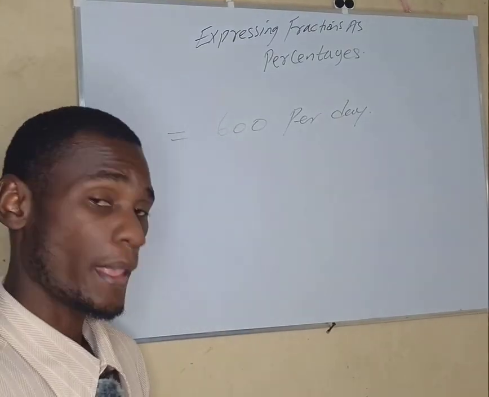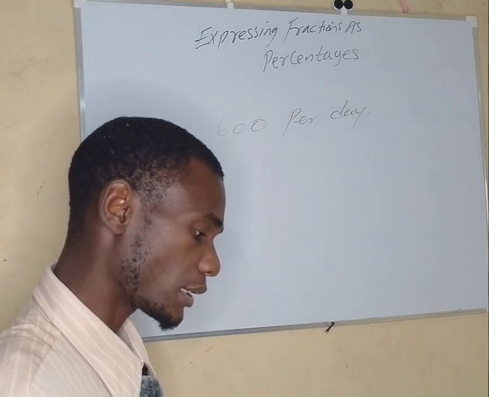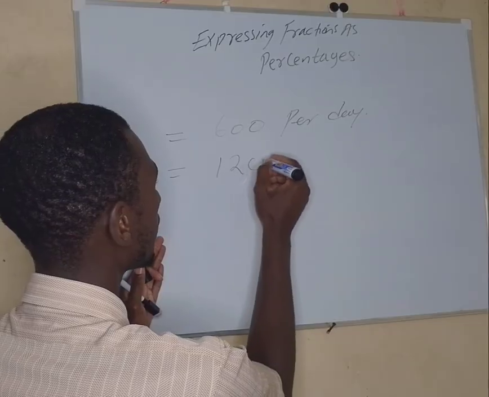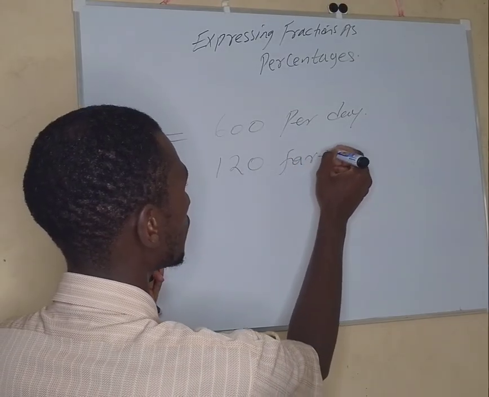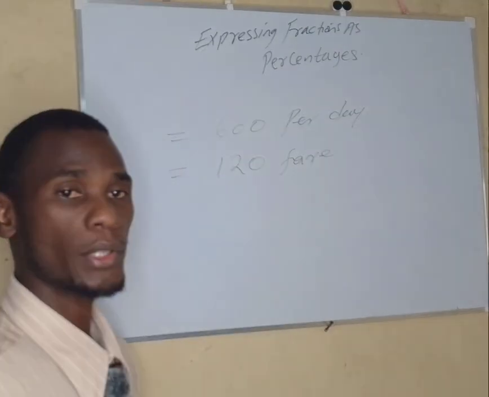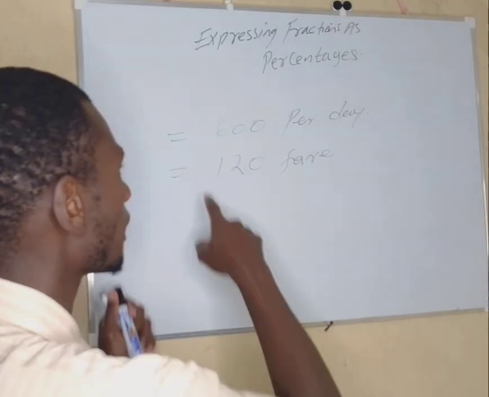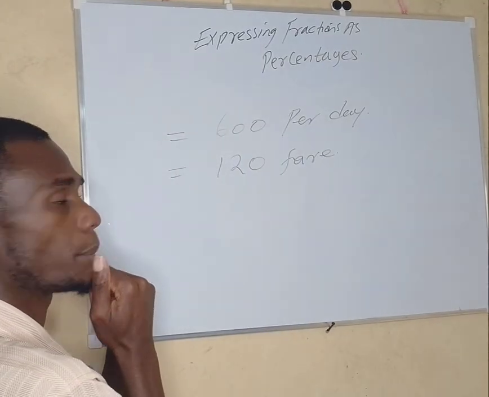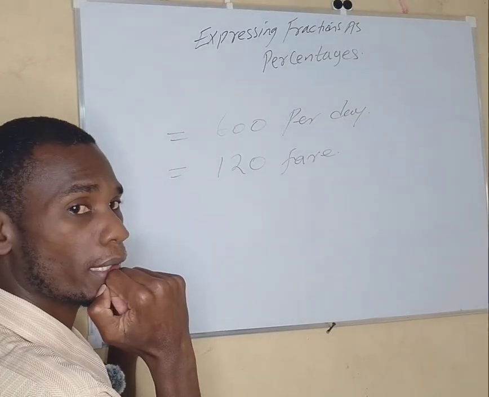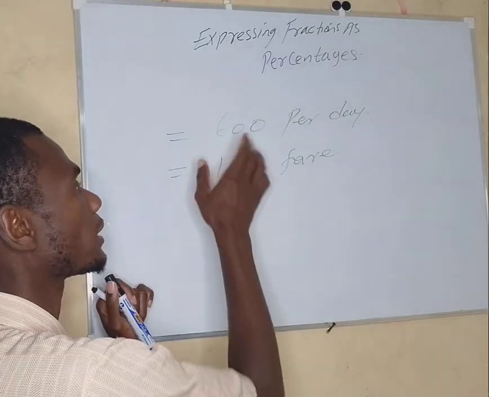Full stop. After that full stop, he says he spends 120 shillings on fare. So this person is using 120 shillings on fare. Even before you continue with that statement, you automatically know that if this person is earning 600 shillings per day, and that given day he also uses 120, remember this is the total amount of money this person is having. Every day, he has 600.